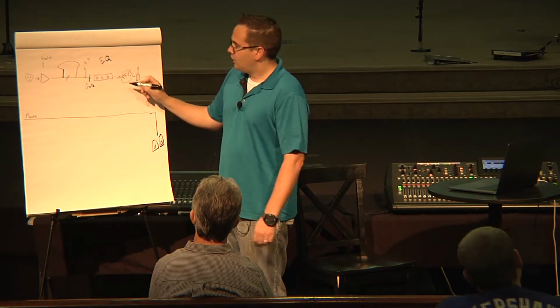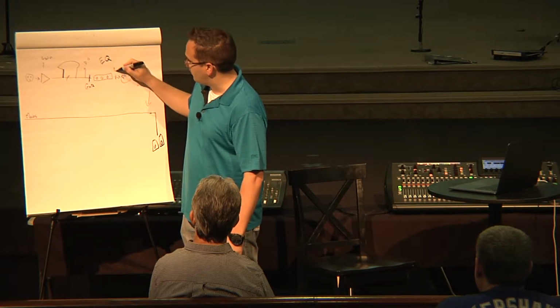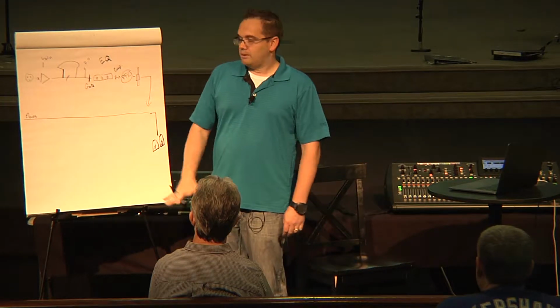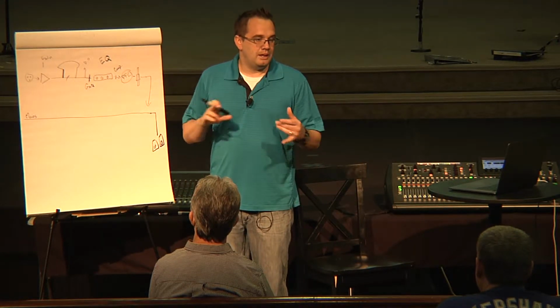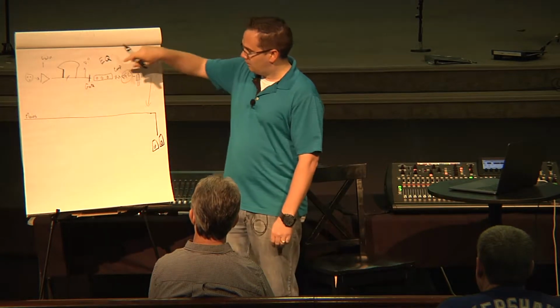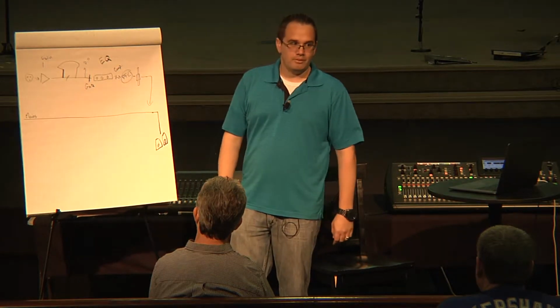Now typically, your compressor will come after your EQ. So this is where your compressor would be. So without assuming any monitor mixes or any other effects or anything like that, this is a typical signal flow for a PA system, input to output.